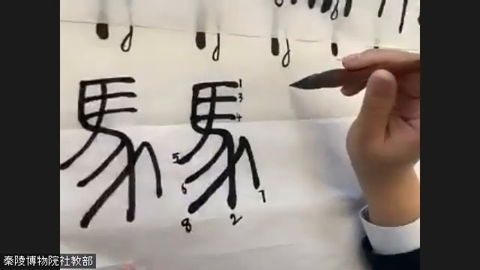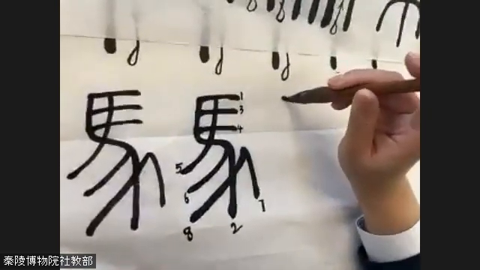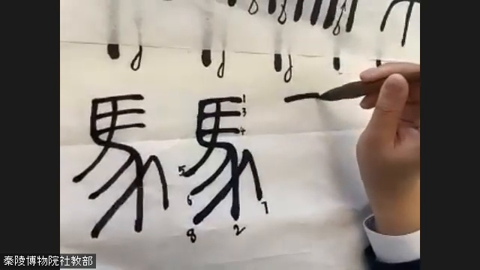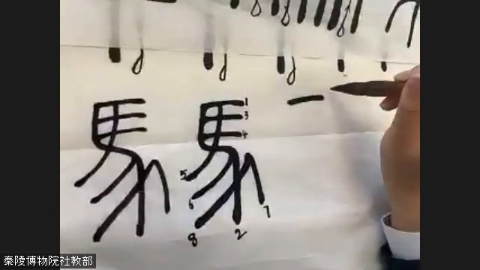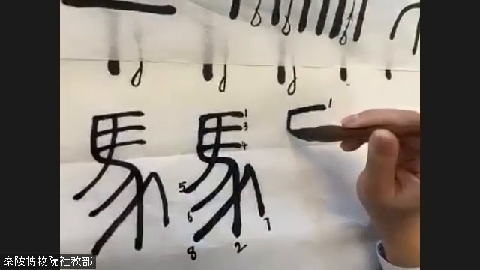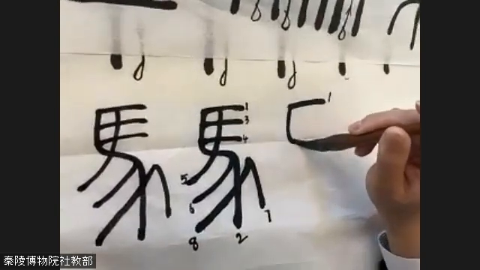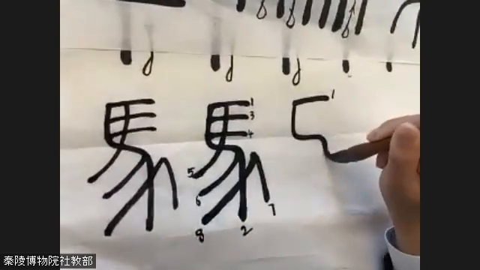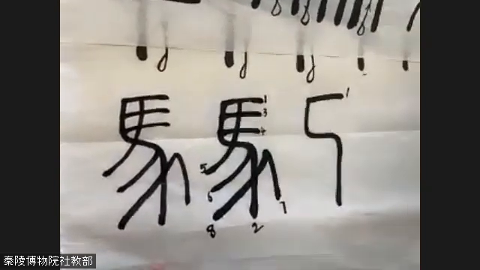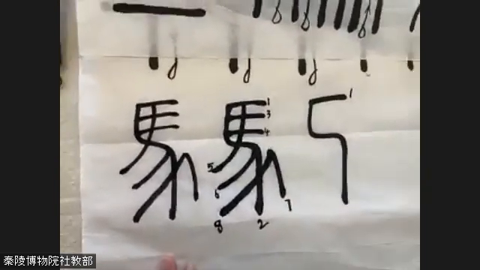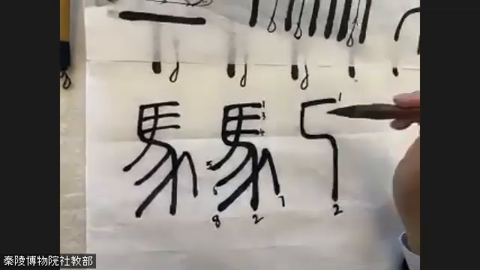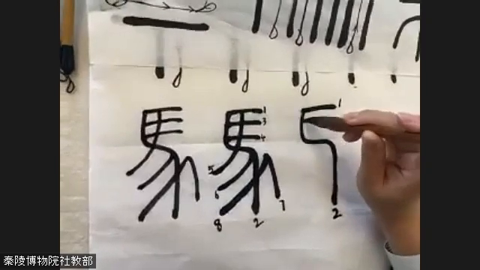我们请韩老师慢慢的写。First, a horizontal stroke. Then a straight bend. Then 2 horizontal strokes.